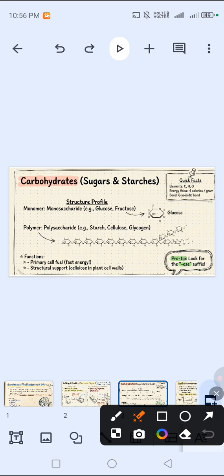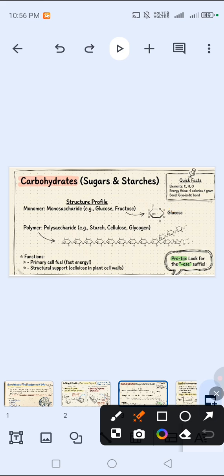The energy output is 4 kilocalories per gram, and the chemical bond is the glycosidic bond. Students, the building blocks, the monomers, are monosaccharides, single sugar units like glucose and fructose.